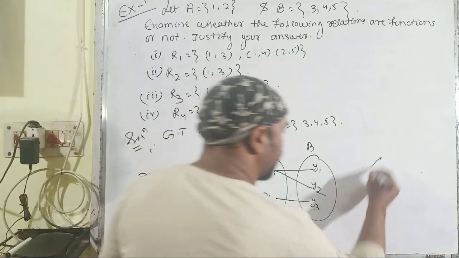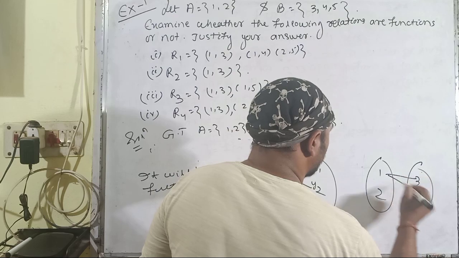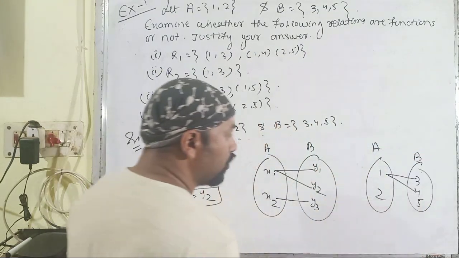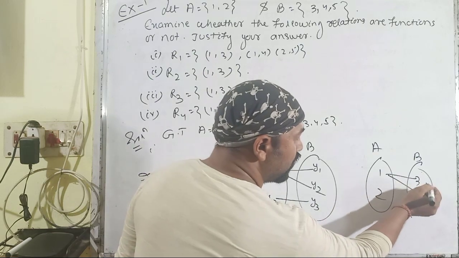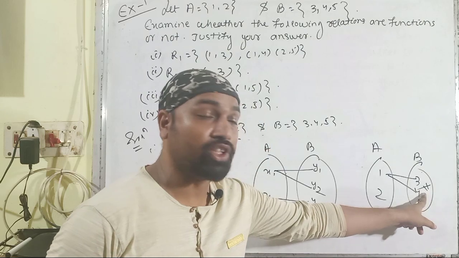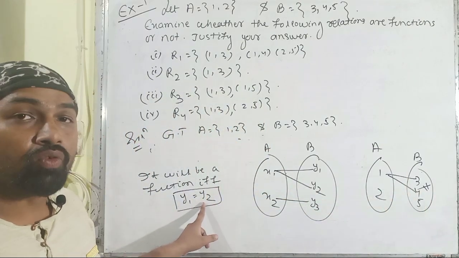But in the previous example, you can see that 1 is making two ordered pairs with 3 and also with 4. But here 3 is not equal to 4. That means these two elements are different from each other. So it contradicts the requirement that y1 is equal to y2.